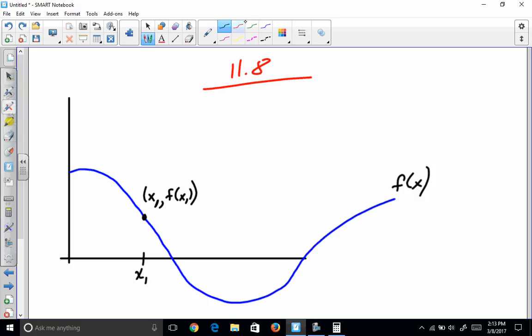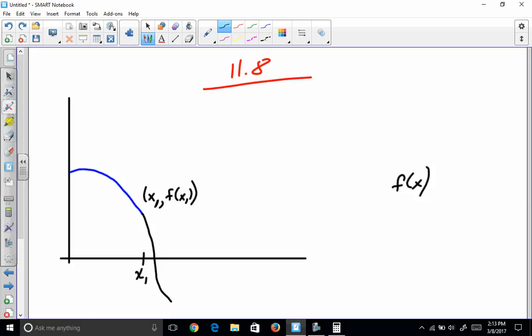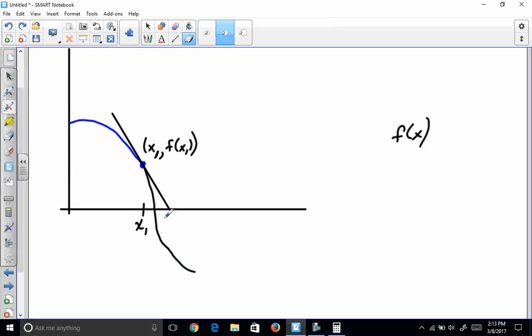But then what we can do is draw a tangent line to our function at that point.